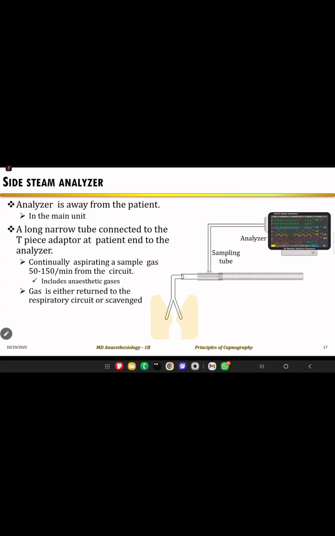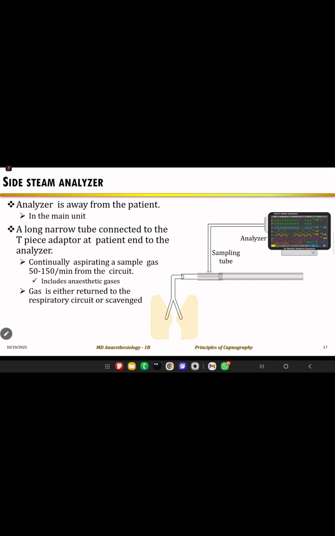Now we'll go to the side stream and the mainstream analyzers. There are two types of capnography analyzers. I think people who have done anesthesia have observed this. For the others also, there are two types of capnography analyzers. One is the side stream. In side stream, the analyzer is away from the patient. It is in the main unit. A long narrow tube connects the T-piece adapter at the patient end to the analyzer.